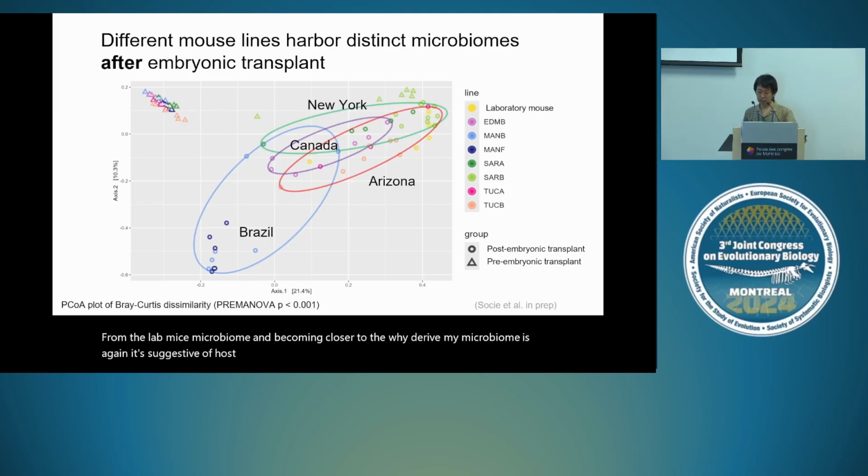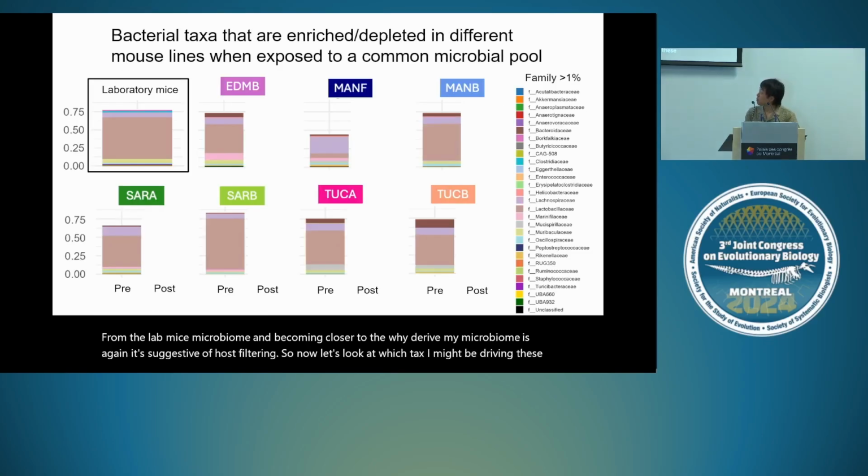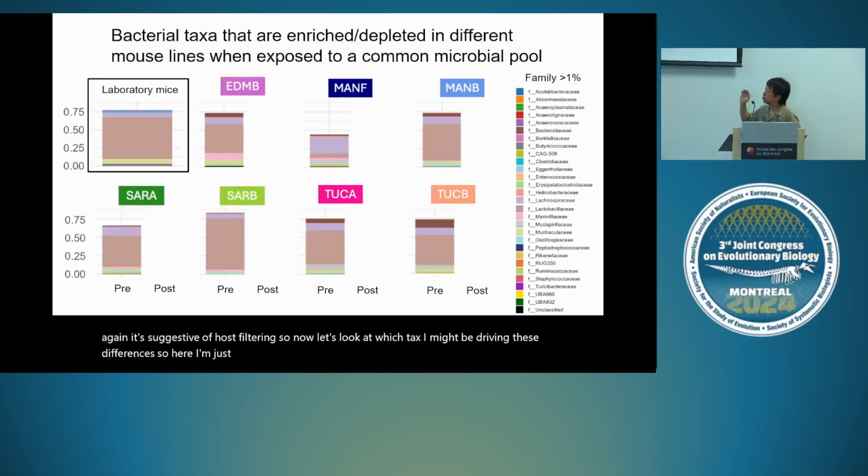Now let's look at which taxa might be driving these differences. Here I'm just showing bacterial families whose relative abundance is more than 1%, and just plotting the top 10 most abundant families, for simplicity.